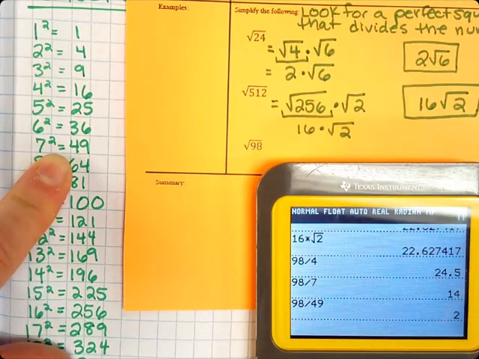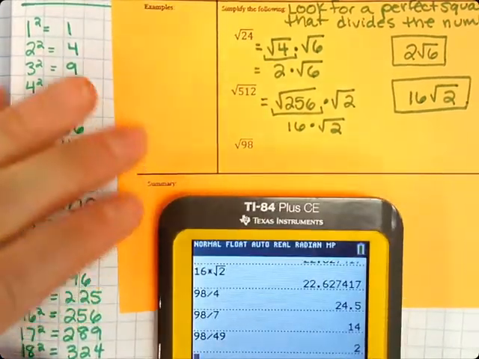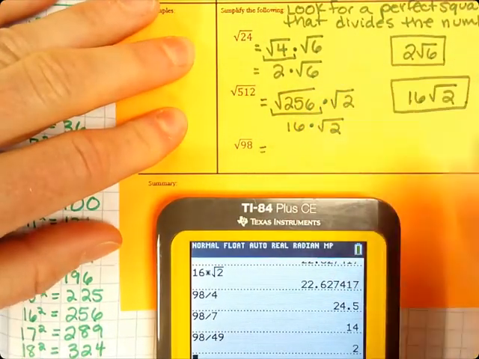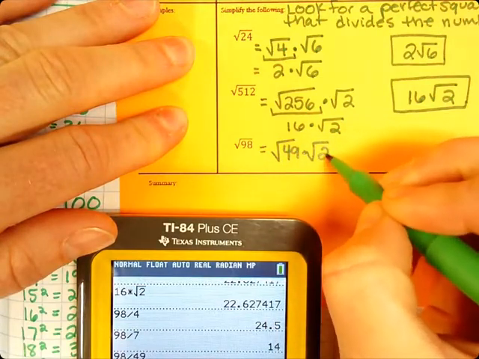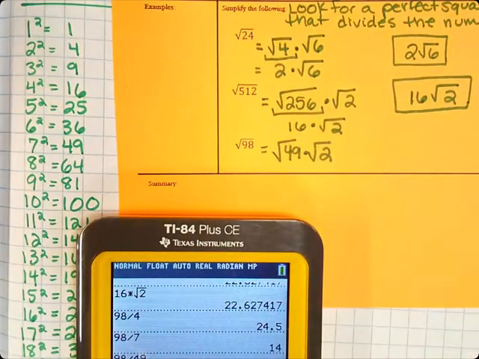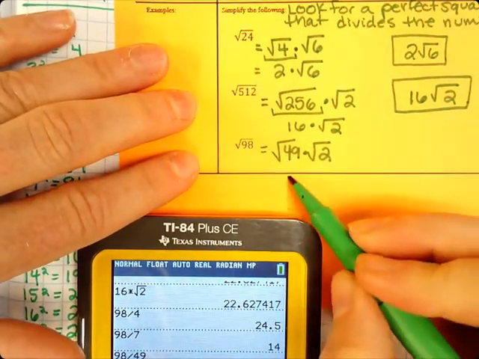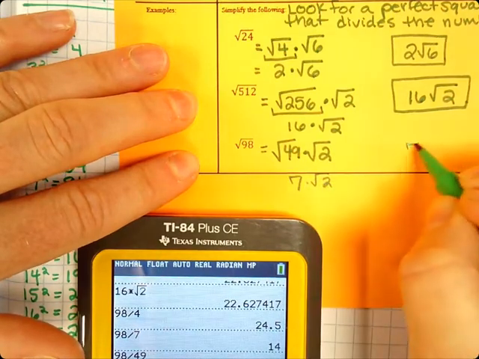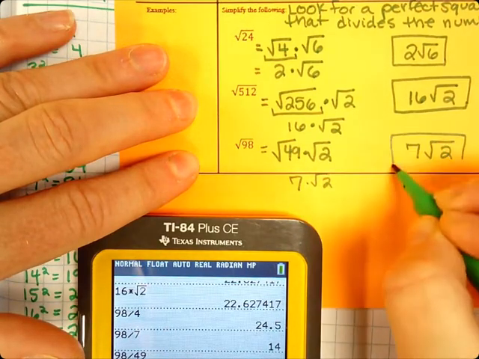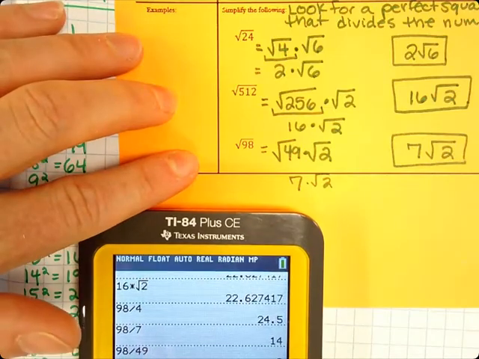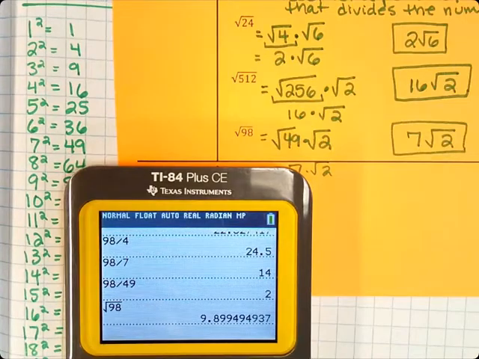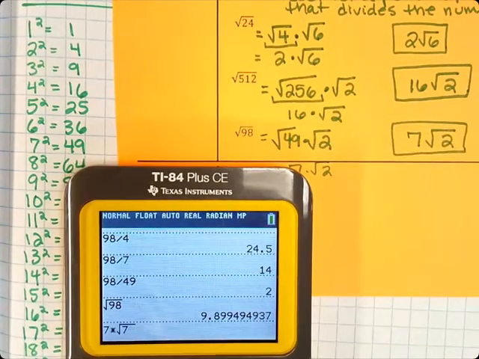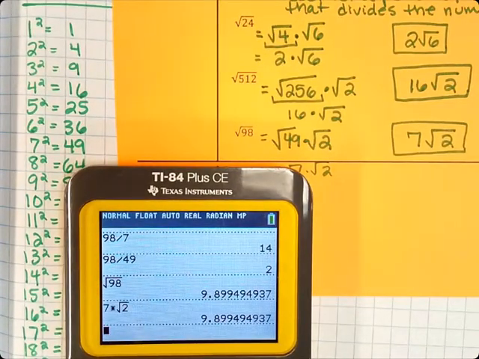Yep, it's 2. So we rewrite this as square root of 49 times the square root of 2. What's the square root of 49? So 7 times square root of 2. So 7 square root of 2. So let's check and make sure that's right. Square root of 98. 7 times square root of 2. Yep.